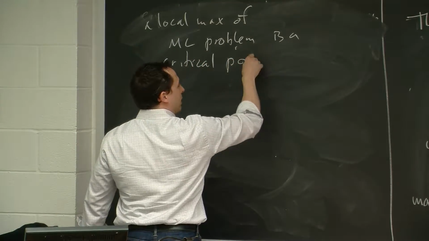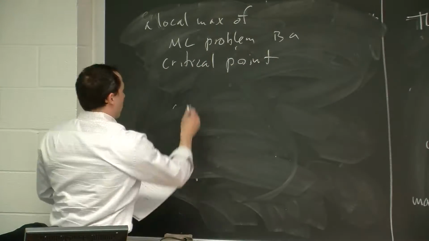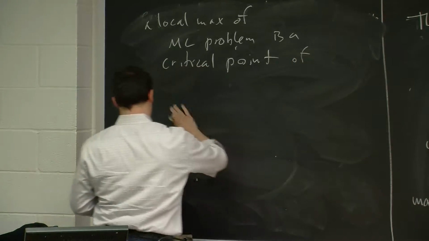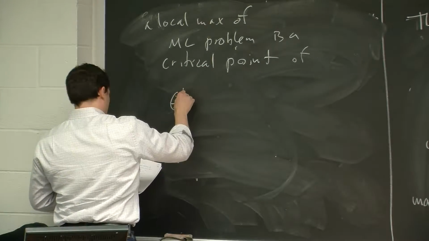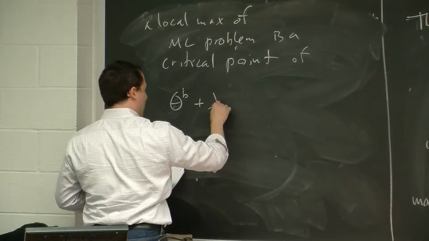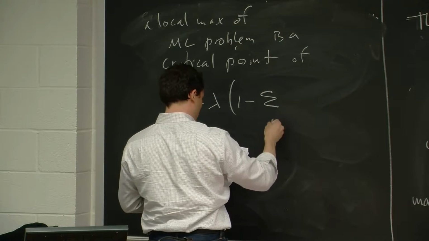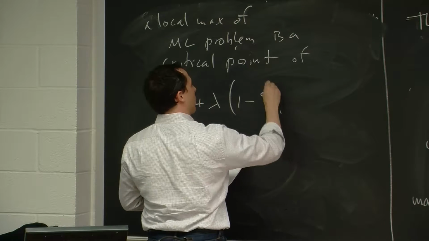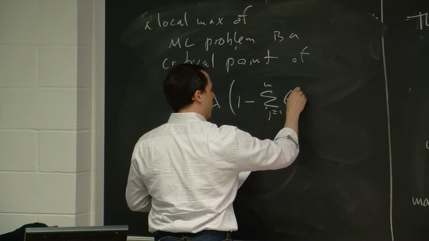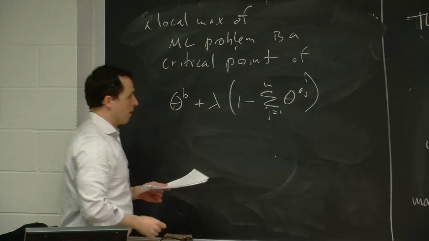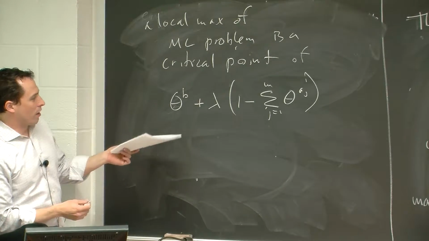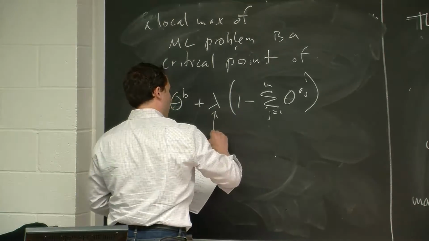Right, when we're doing calculus, we're doing a maximization of theta to the b plus lambda, different lambda, sort of, not really different, but sort of different, sum over j equals 1 to m of theta aj. So what's this? This is a Lagrange multiplier problem.